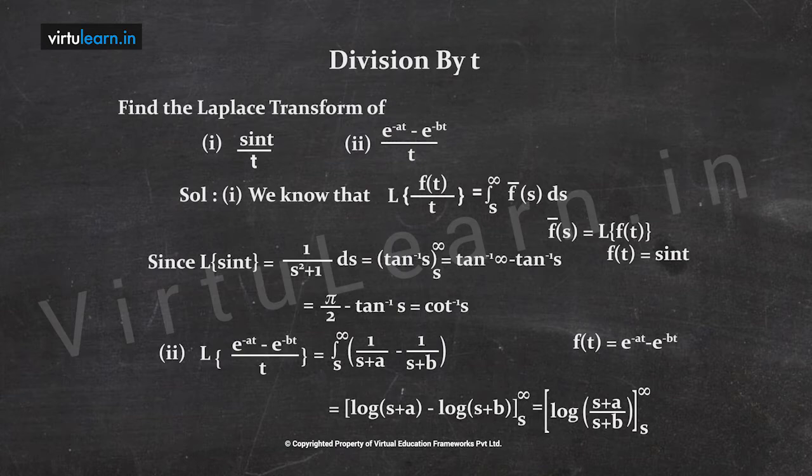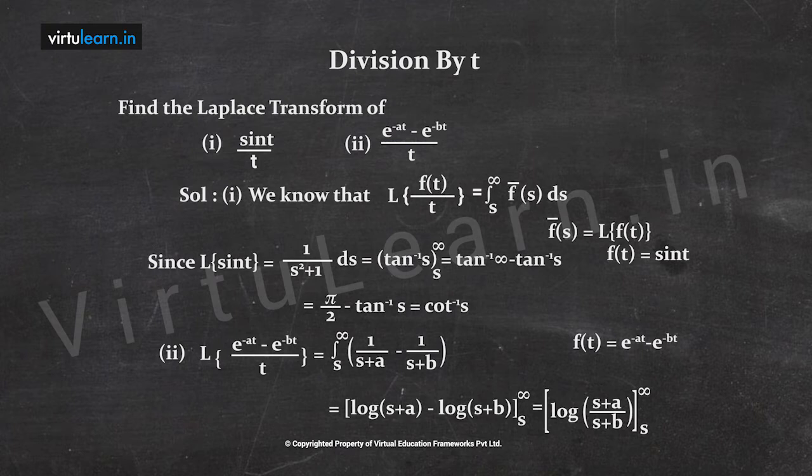Now the next problem is the Laplace transform of e power minus at minus e power minus bt, by t. Observe that it is in the form of f of t by t. Already I told you the formula: Laplace transform of f of t by t is integral s to infinity f bar of s ds.